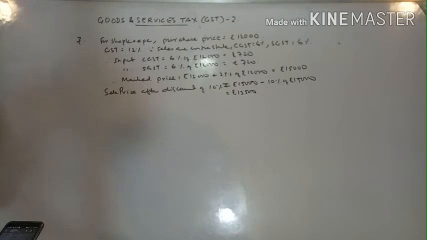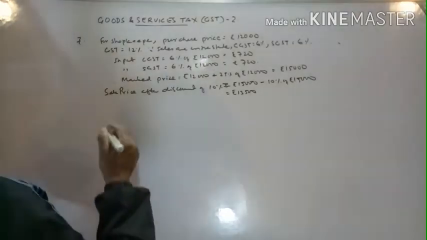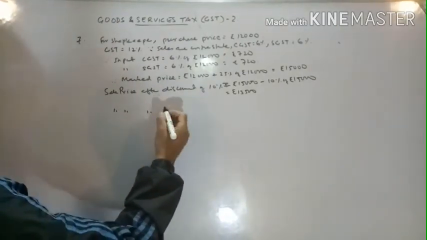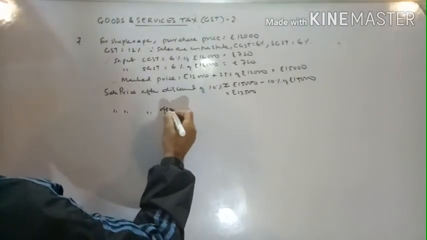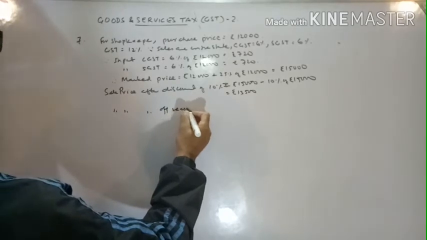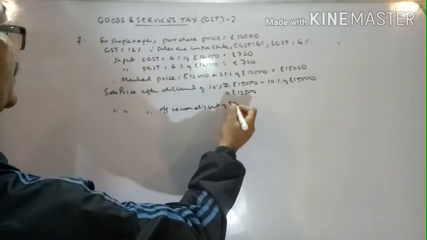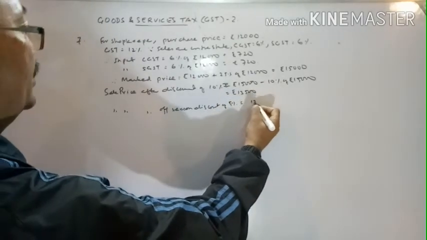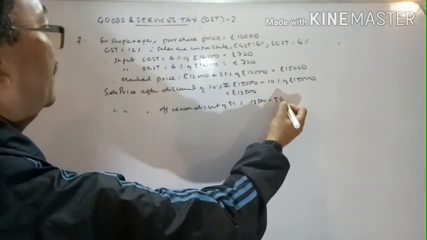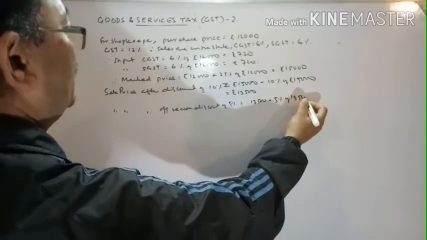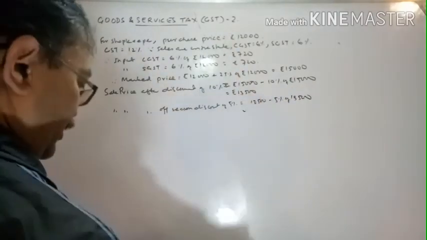Now what does he do? On the marked up price, he gives a further off-season discount of 5%. Okay, so sale price after off-season discount of 5% is equal to 13,500 minus 5% of 13,500, because he gives a further 5% discount.